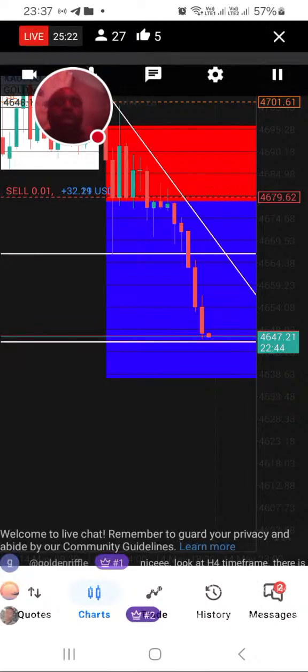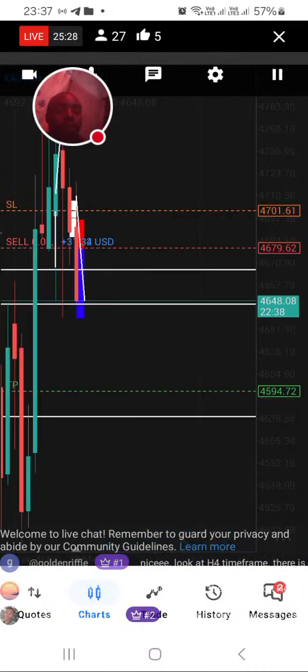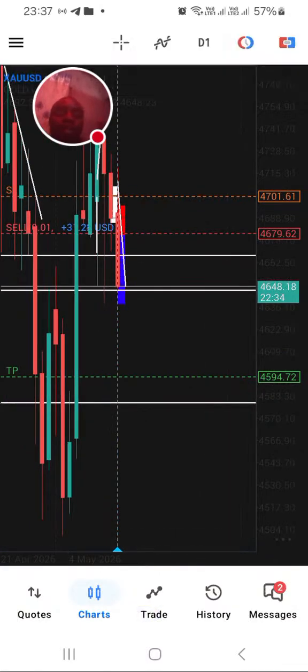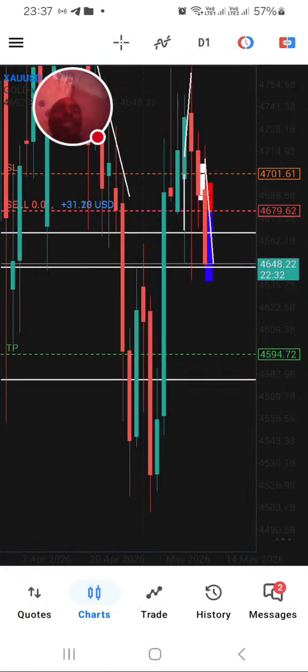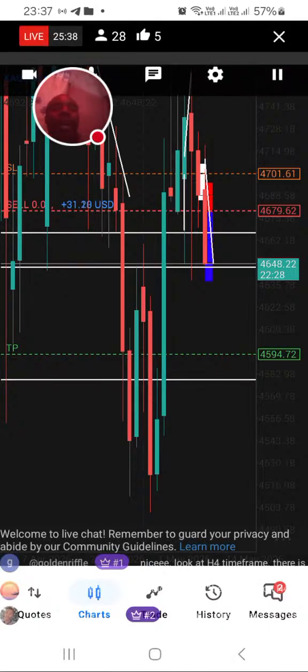I always go to the higher time frame, like the daily time frame. Before taking any trade, I look at the previous candle before that day. Most of the time, if you are not at a support or a resistance, the market needs to follow that consistency.